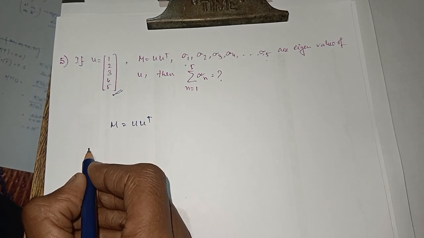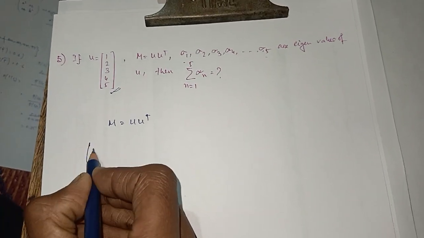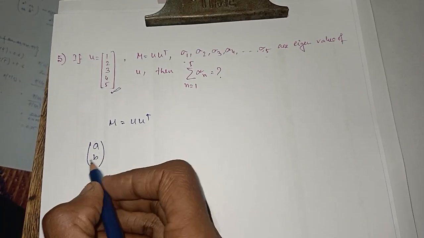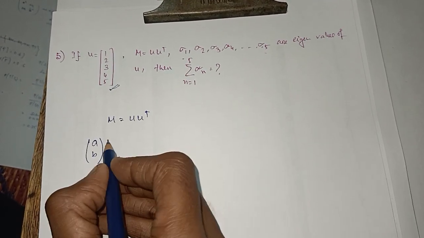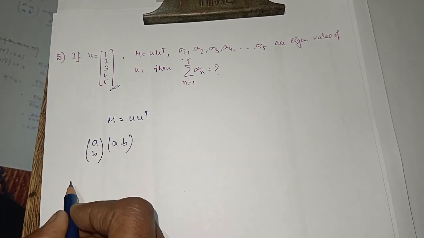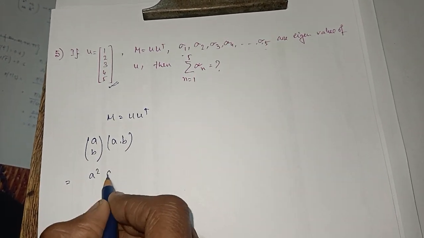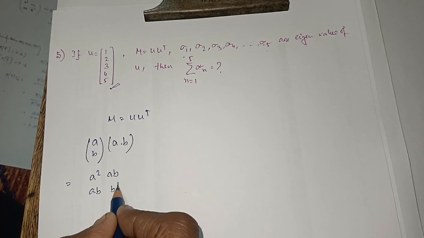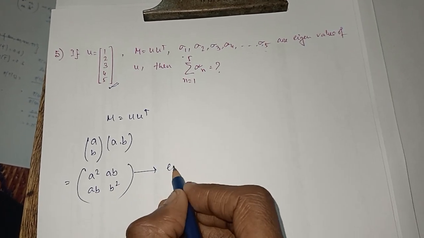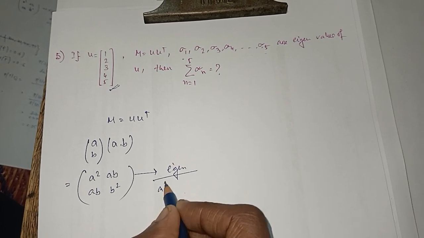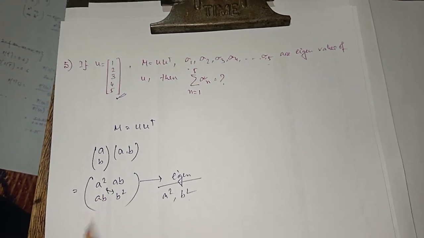If we take the 2 cross 1 matrix (a, b) and transpose it and multiply, we get a square, ab, b square. If we find the eigenvalues, they are a square and b square, the diagonal elements.